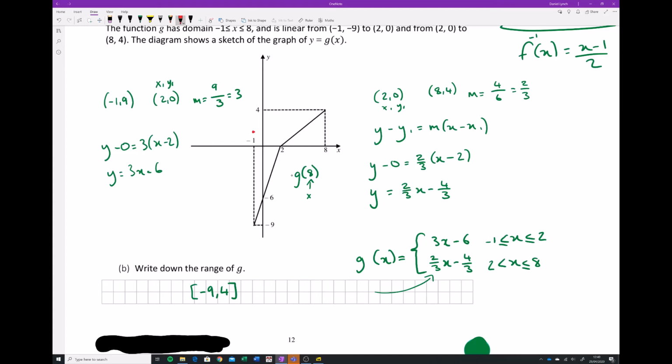We place in 0, we get 2, which should be the halfway point there. We place in 1, we get 2 and 1/3. So far that is linear, isn't it? It went up by 1/3 each time: 1 and 2/3 up to 2 was adding on 1/3, and this is also adding on 1/3, and this is also adding on 1/3. So far it's been linear.